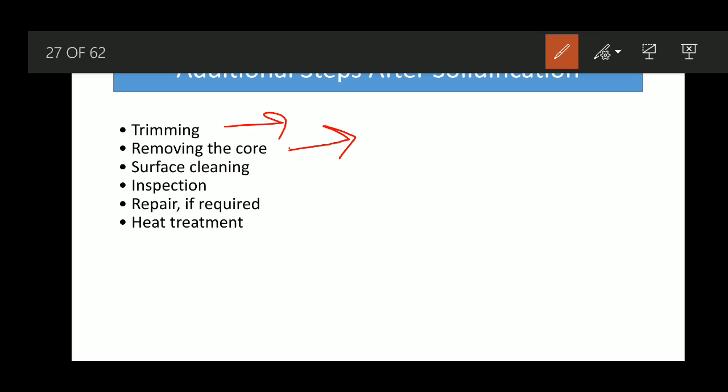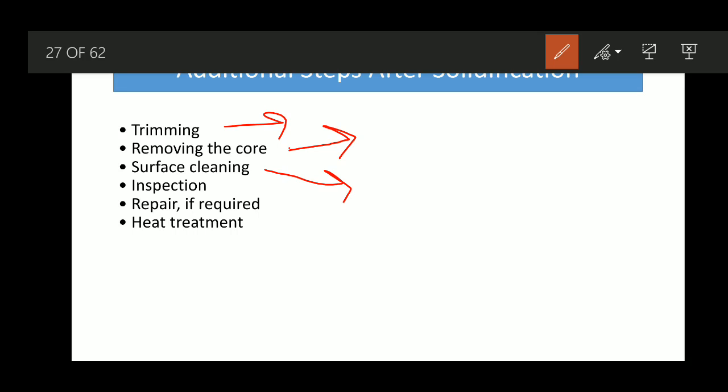If you texture the core accordingly and place that textured core, then after the solidification process is over, the cast, which is nothing but the final product we obtain after casting, can have texture even on the internal surface with the help of the core. So if we have used that core, we have to remove it. Similarly, surfaces we have to clean.